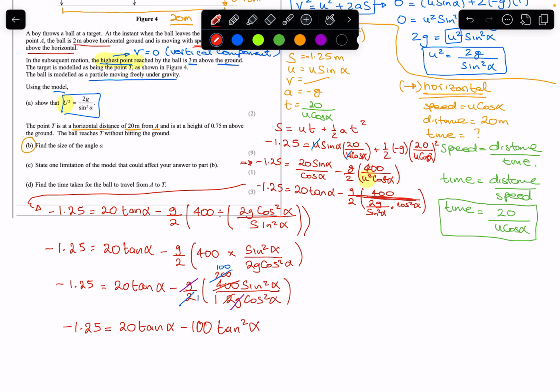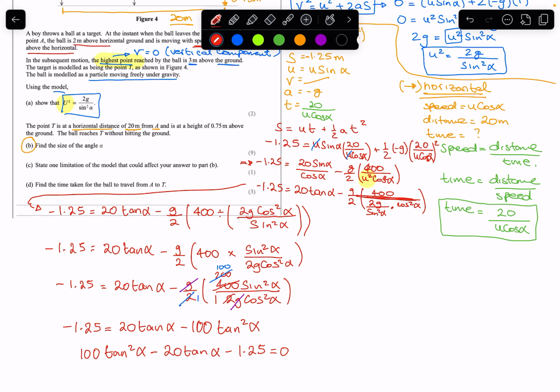Now let's try to get this into a nice quadratic format. So I'm going to take minus 100 tan squared alpha and 20 tan alpha to the other side. If you rewrite it properly, that becomes 100 tan squared alpha minus 20 tan alpha minus 1.25 is equal to 0.